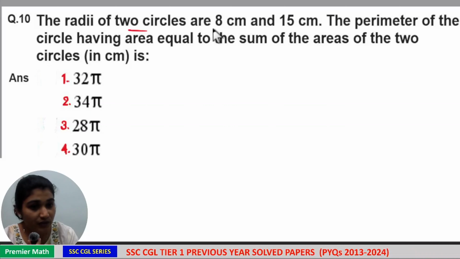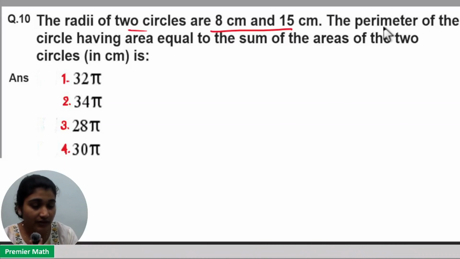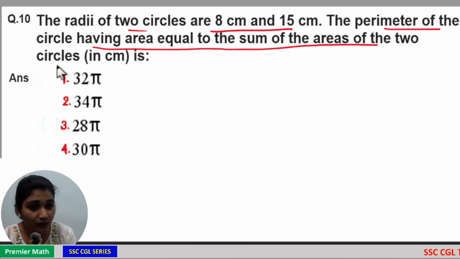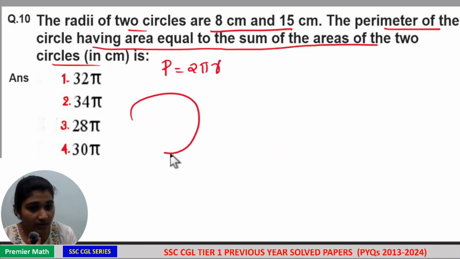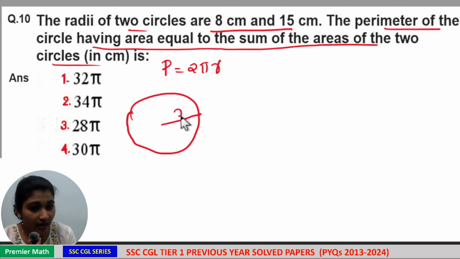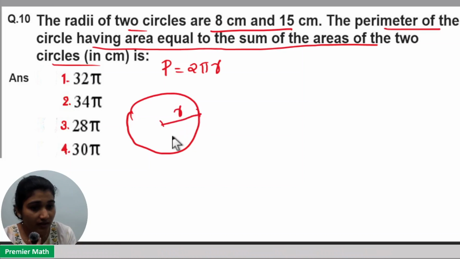The radii of two circles are 8 cm and 15 cm. Perimeter of the circle having area equal to the sum of areas of two circles is. Here, perimeter is equal to 2 pi r. Now, this is the circle with radius r. Now, area of this larger circle is sum of areas of these two circles with radius 8 and 15.